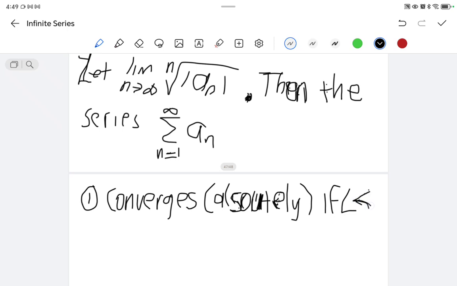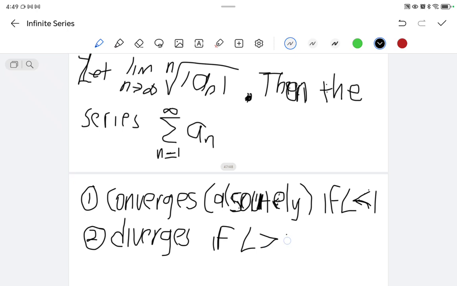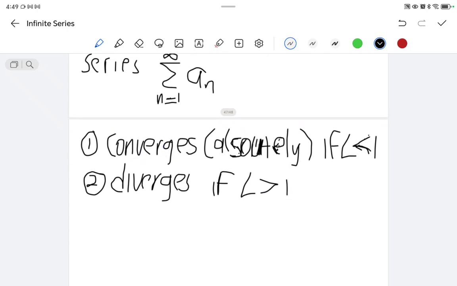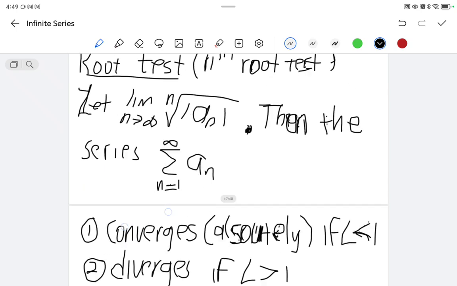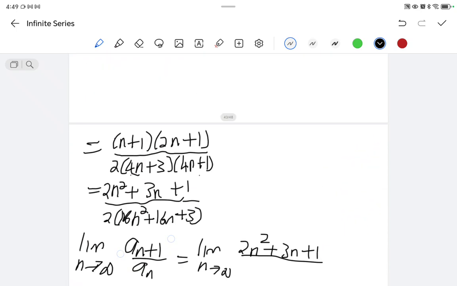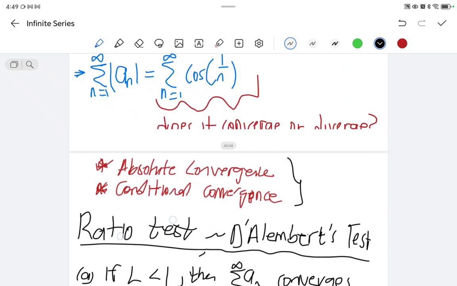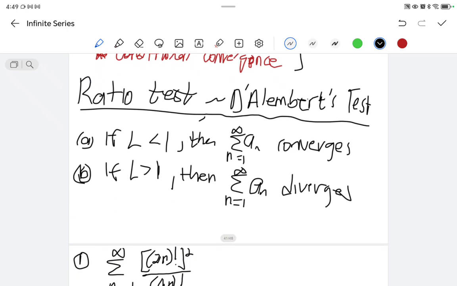So still the same condition as the ratio test, right? Then it diverges if L is greater than 1. Also I think I forgot one condition here. If L is equal to 1, the test fails.